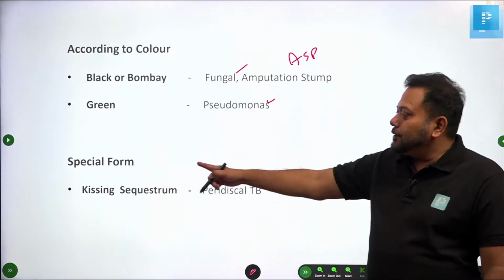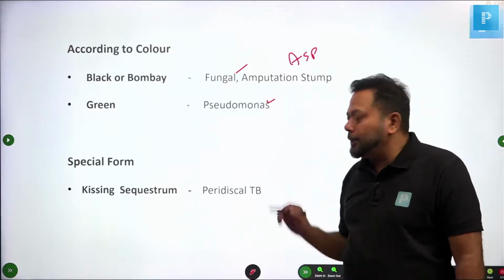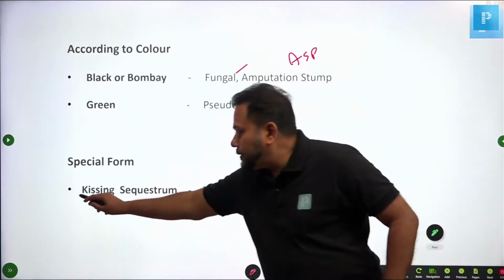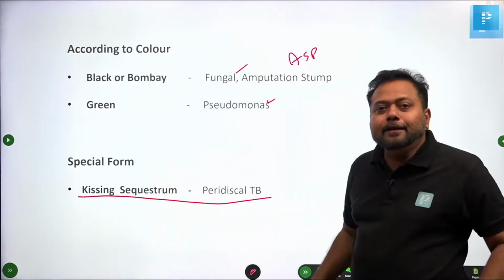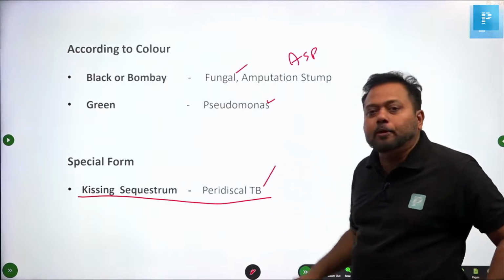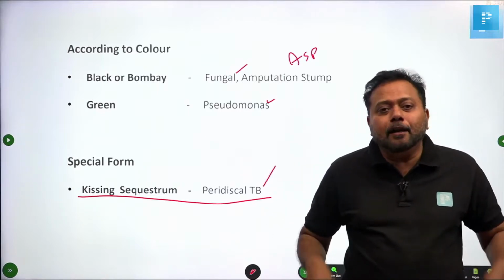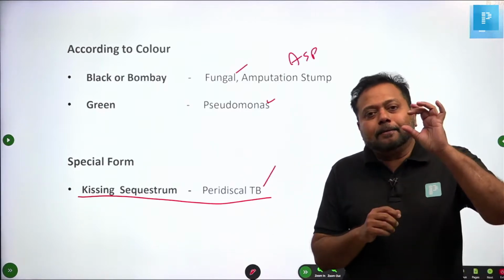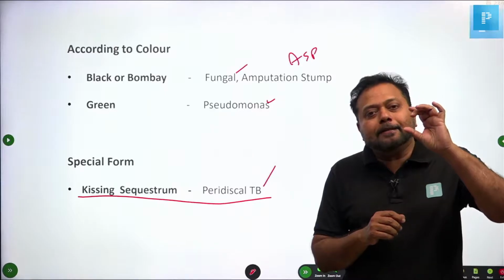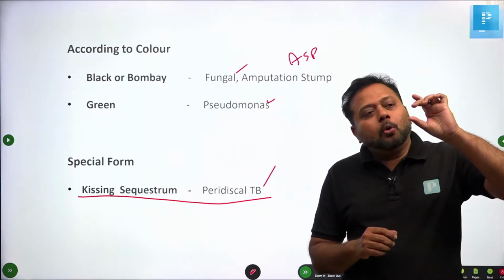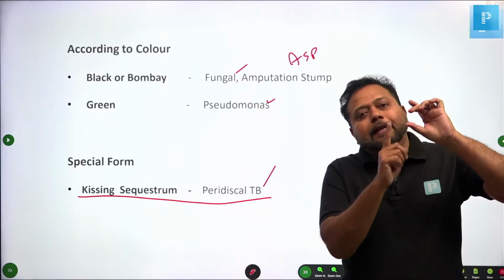Yes. See, special forms. Kissing sequestrum. Only one special sequestrum, which is kissing sequestrum. This is seen only in peridiscal tuberculosis, that is called pot spine. Peridiscal means upper and lower border, for example, L3, L4.